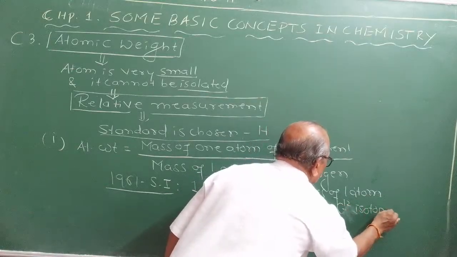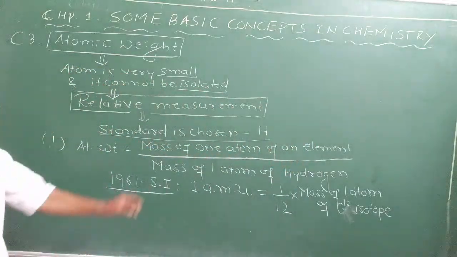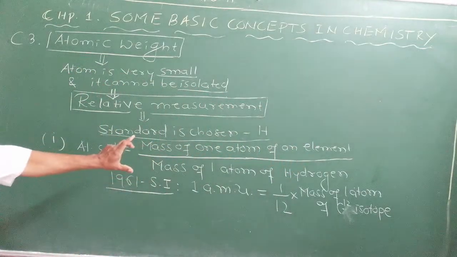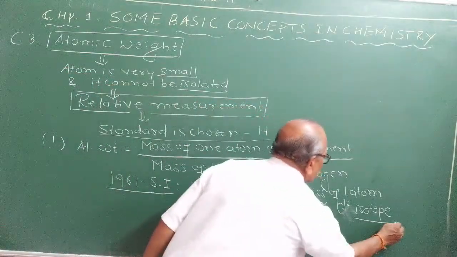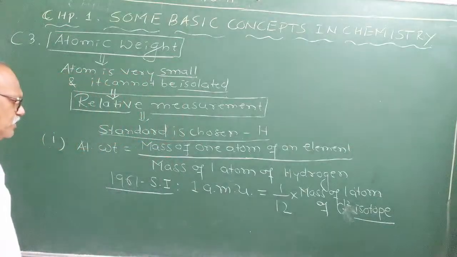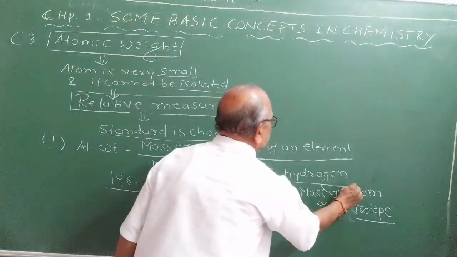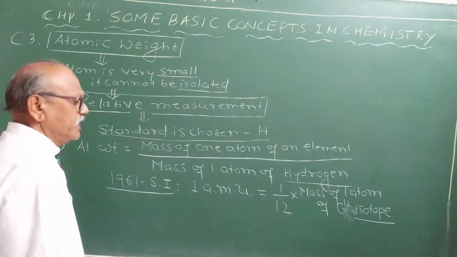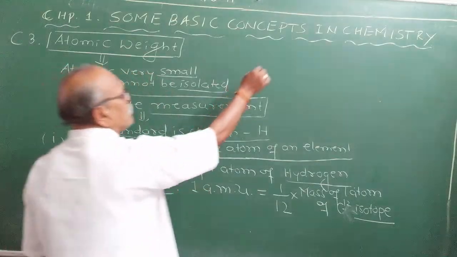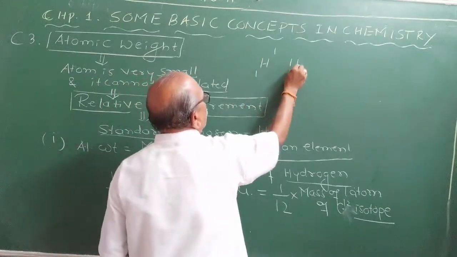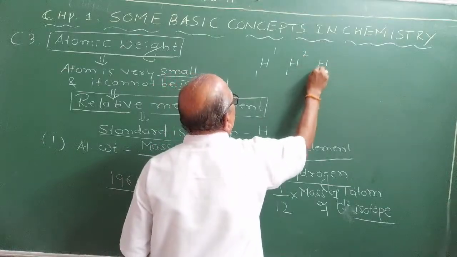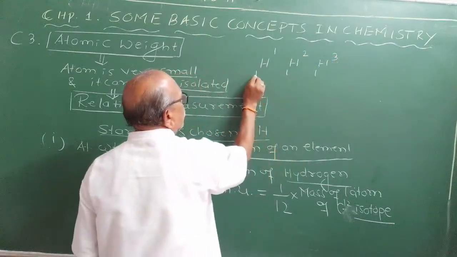Last class we were talking about isotopes. Atoms having same atomic number but different mass number, they are called as isotopes. Like hydrogen has got 3 isotopes having same atomic number.